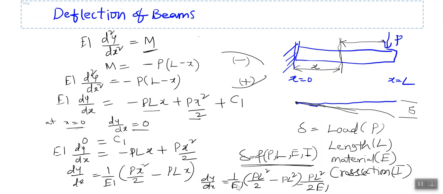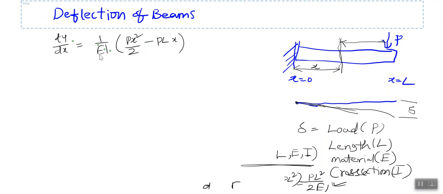It is better to remember this final result, that is the slope at the end of the cantilever beam, the maximum slope here, which is PL²/2EI. It is better to remember this formula.